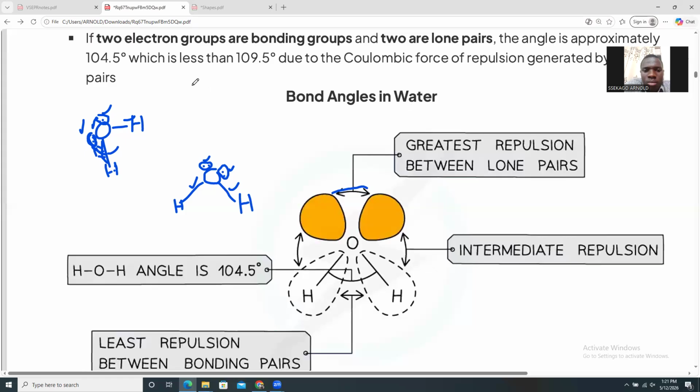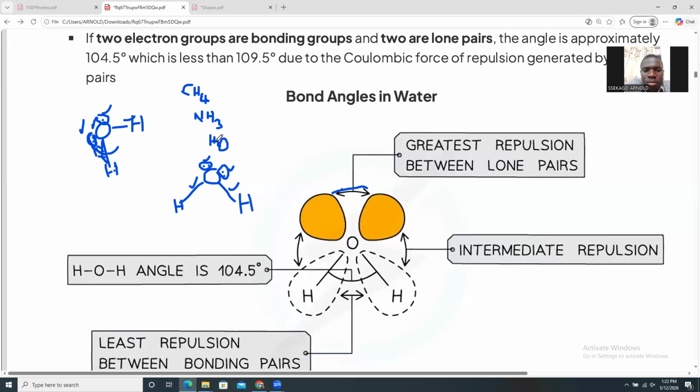Recall that for tetrahedral, the example was methane. For trigonal pyramidal, the example was ammonia. For bent or V-shaped or angular, the example has been H2O.